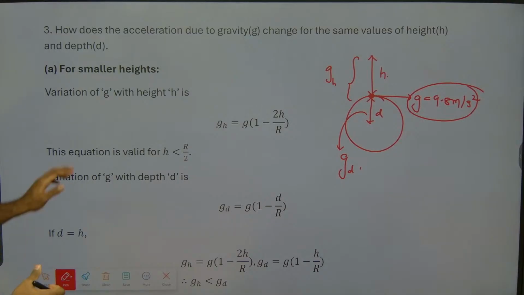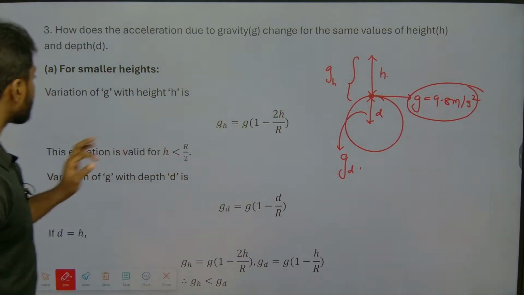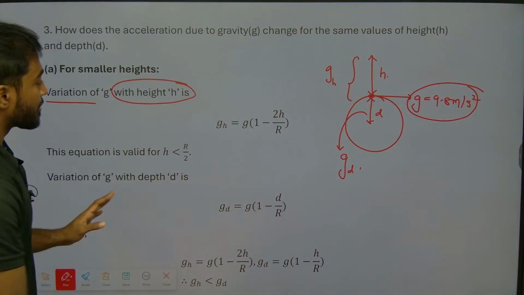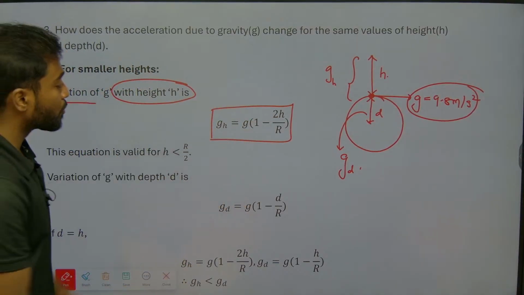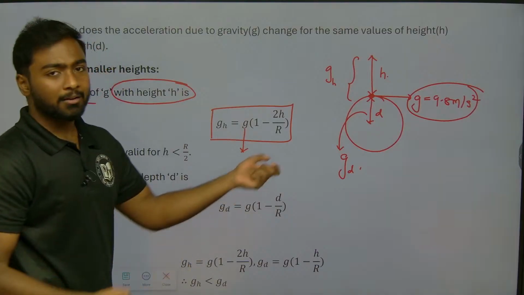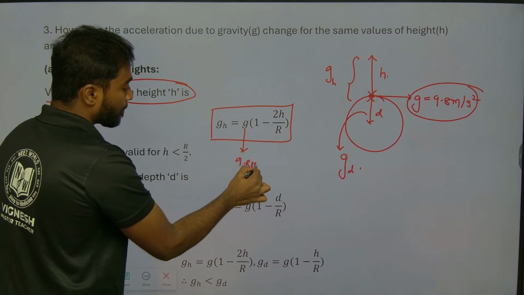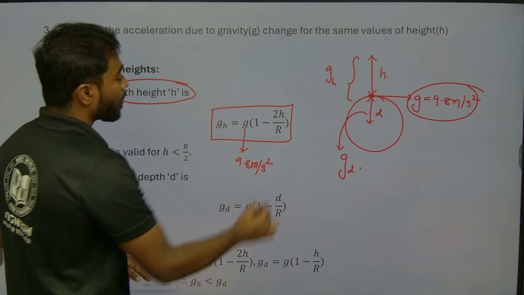So for smaller height, we have taken smaller height, variation of g with height h. The formula is: gravity at height h will be equal to, what is g? It is normal g, that is 9.8 meter per second square only, into 1 minus 2h by r. What is h?